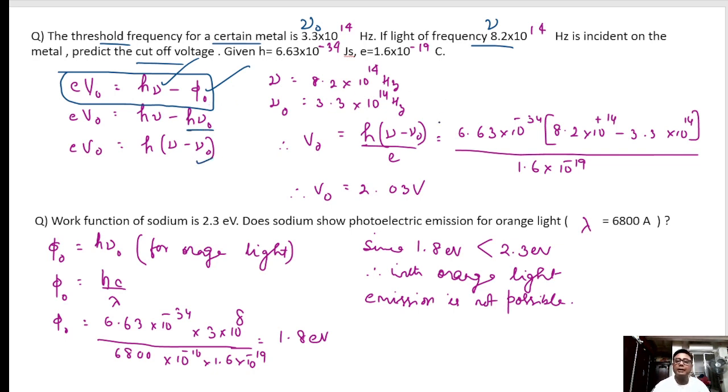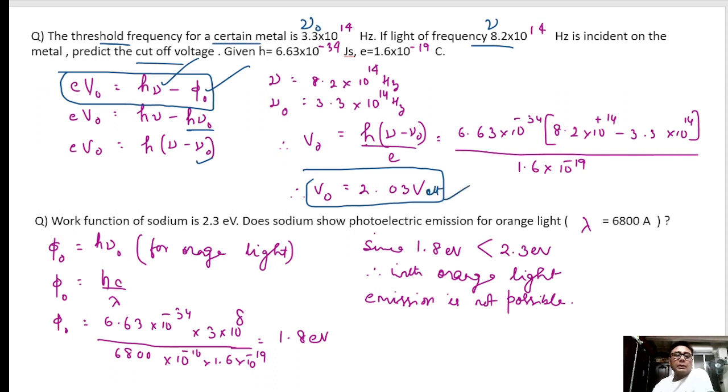So putting all the values, we find 2.03 V. V naught is the stopping potential, and this is the volt.